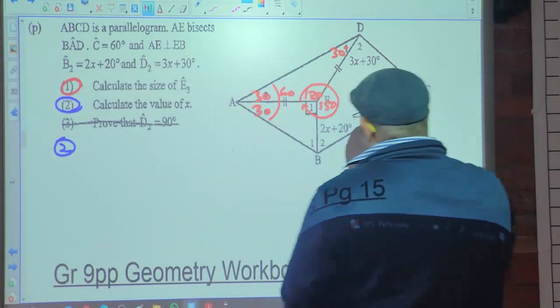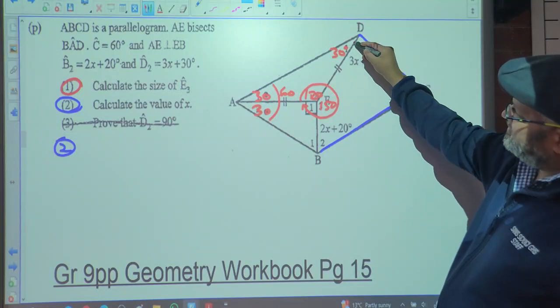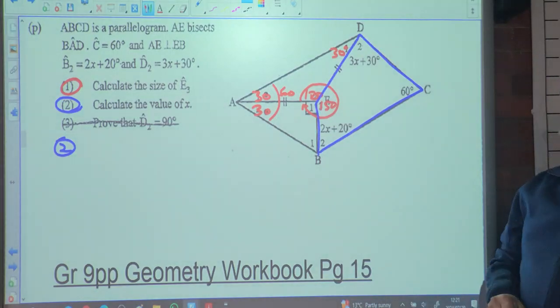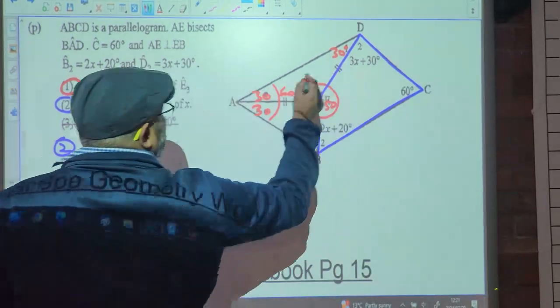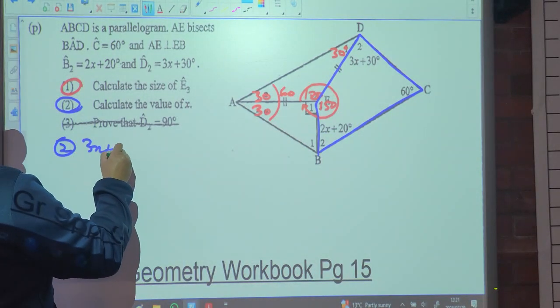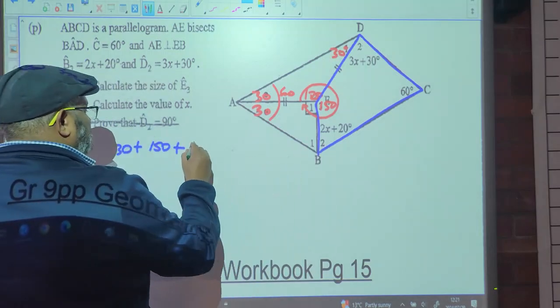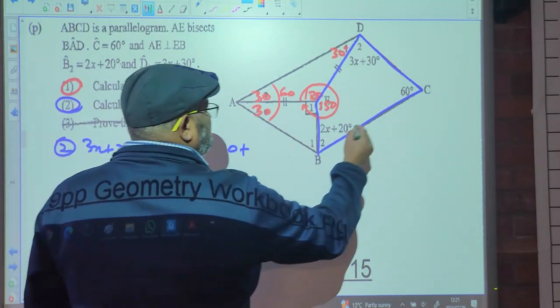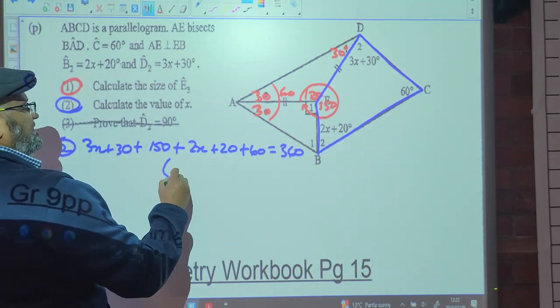Now you see here's the x's, all the x's bound together. What type of shape is that? Quadrilateral. What do we know about the angles of a quadrilateral? They add up to 360. So 3x plus 30 plus 150 plus 2x plus 20 plus 60 equals 360. Why?